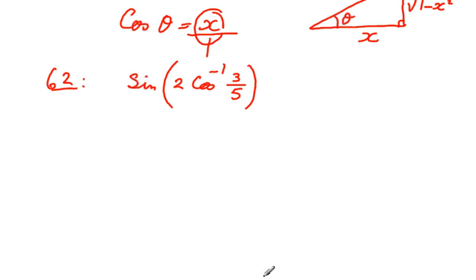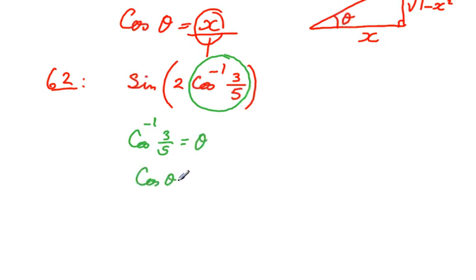Okay, here is our standard approach. What is cosine inverse of 3/5? What kind of a quantity are we talking about? It's some angle, is that right? That means it's an angle whose cosine is 3/5. Let's go get a handle on this.